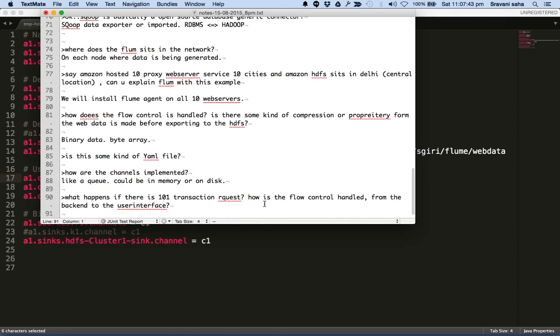And the next question is, what happens if there are 101 transaction requests? How does the flow control happen from the backend to the user interface? So what happens if there are 101 transaction requests?